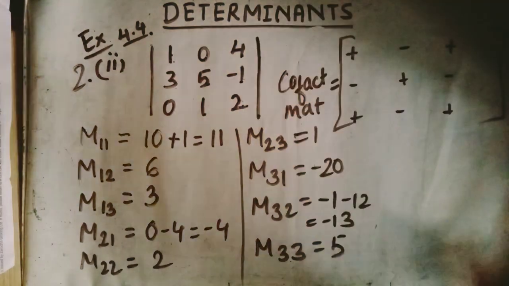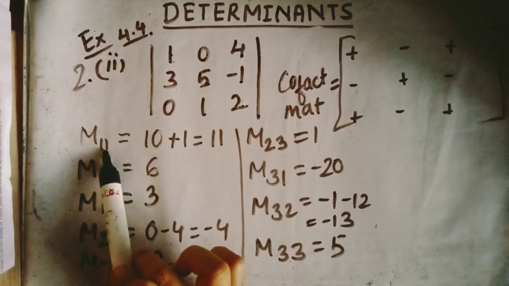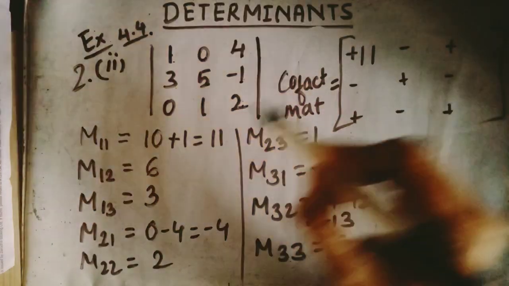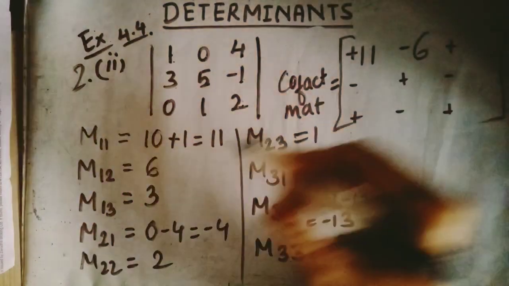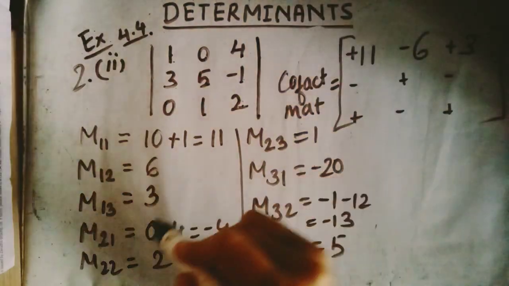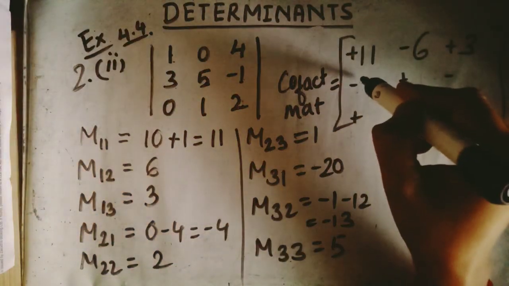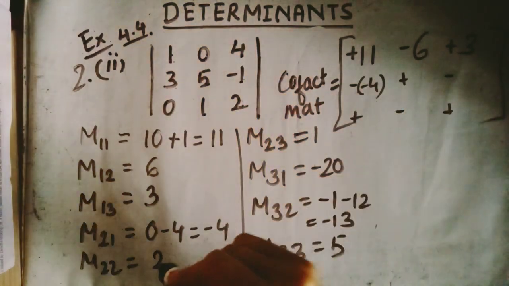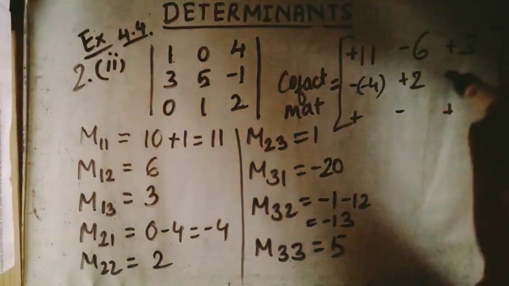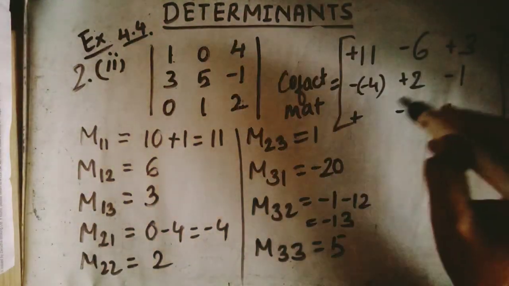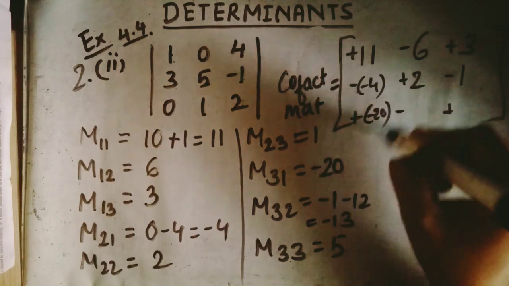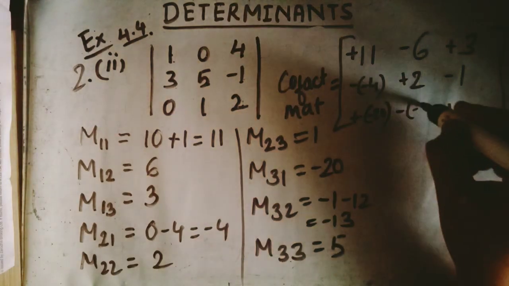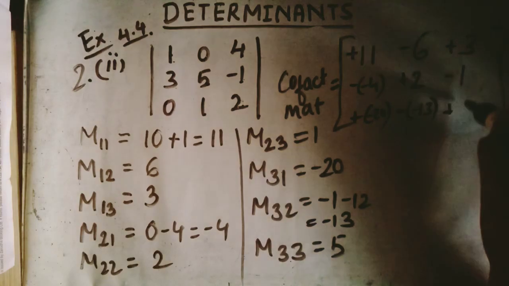Okay, now M11, so here 11, 1 2 6, 3, minus into minus 4, 2, 1, minus 20, minus 13, and 5.